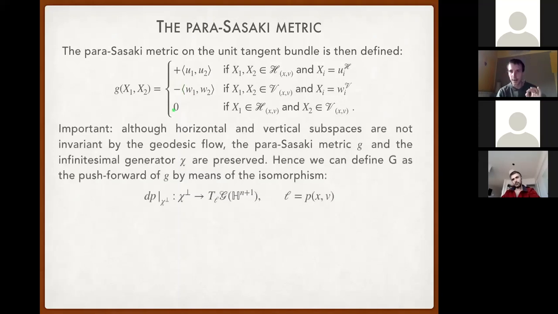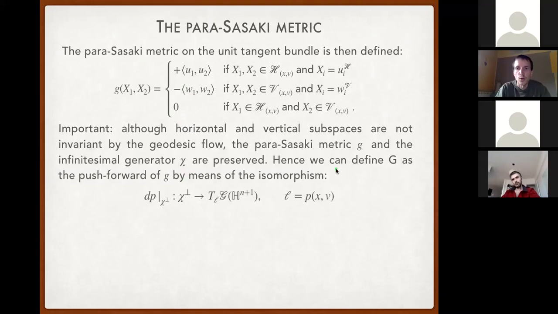A very important remark here is that the action of the geodesic flow does not preserve this decomposition in horizontal and vertical subspaces. That might be an issue, but fortunately, the geodesic flow preserves the para-Sasaki metric and also, of course, the generator of the geodesic flow.